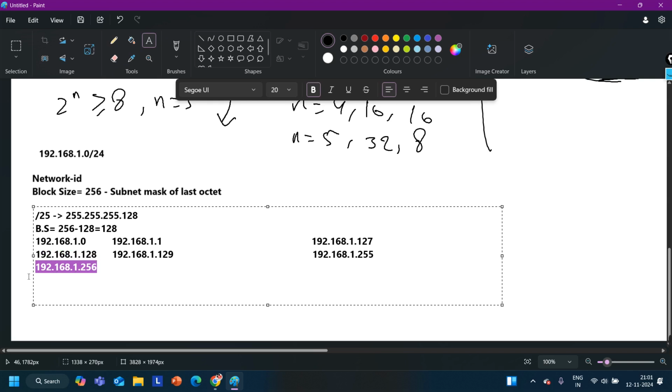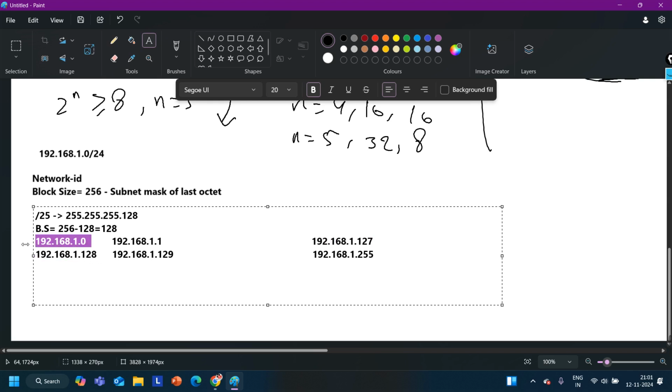Just one before the IP address of this network ID. So guys, this is the network ID, this is the broadcast ID, this is the broadcast ID, this is the network ID, right?